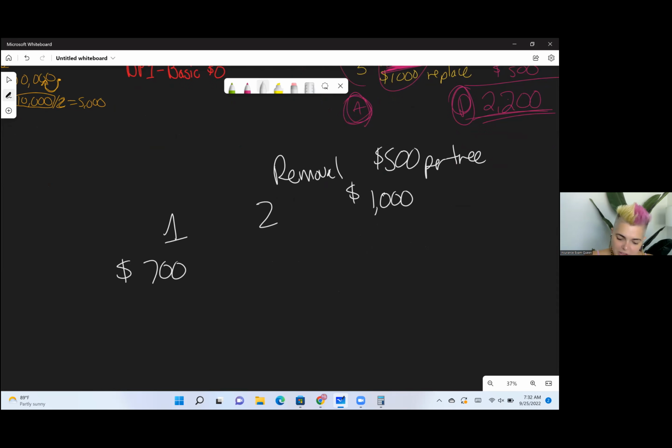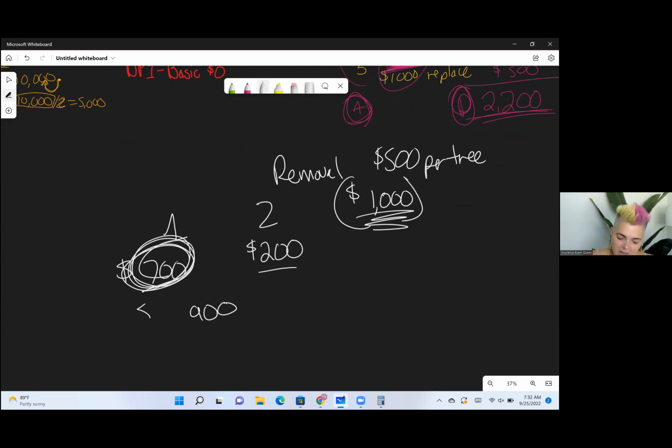To remove tree 2, it was $200. Now you may say, well, I have 1,000 max and 7 plus 2 is only 900. So I'm going to be okay. You have to remember that this 700, the max you can get is 500 per tree. So make sure that you go by tree and then look at the total as well.